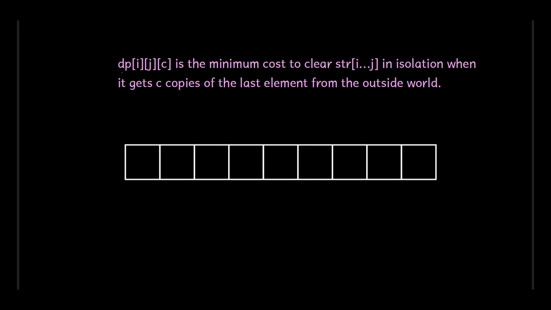So we can have this DP definition that DP of i, j and C is the minimum cost to clear str i to j still in isolation, but the only interaction that it has with the outside world is that after the outer world has collapsed, it will receive a series of identical elements that is equal to X. So if it is X, then it will receive C copies of X at the end.